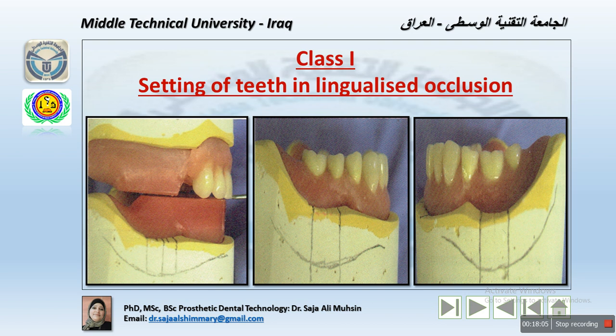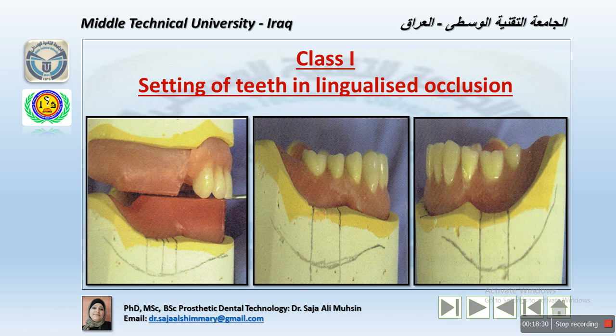Now, the contour of the lower ridge is drawn along the side of the model, as previously mentioned in the previous lecture, using the compass by detecting the slopiest area and the position on which the last occlusal table will be within these two lines.